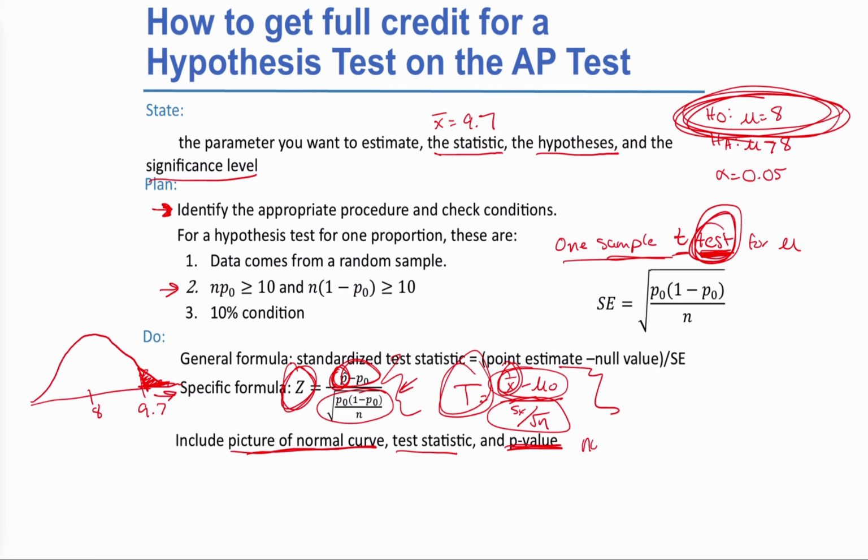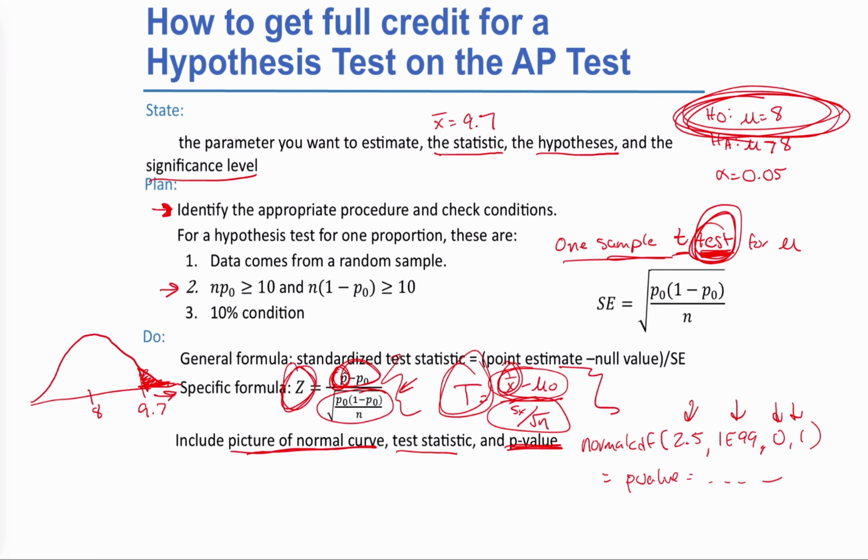So if you do normalCDF or tcdf with lower bound, upper bound, lower bound of, say, 2.5 something, upper bound of 1E99, 0, 1, right? You should write that and make sure you label these. I'm not going to bother right now, but if you're doing anything where you have to write down what you put into the calculator, make sure you label them. And that should give you a p-value of something.